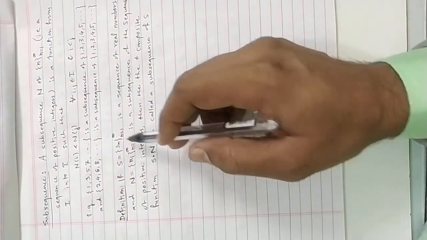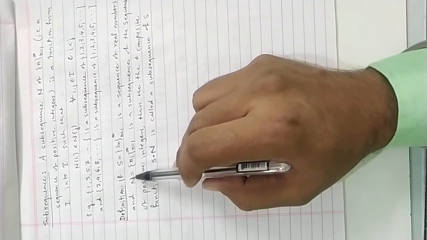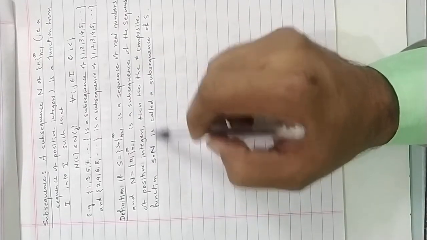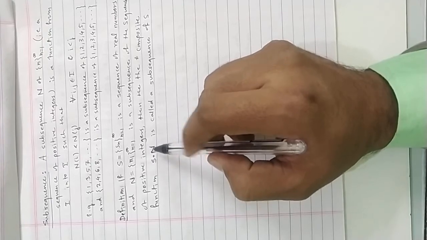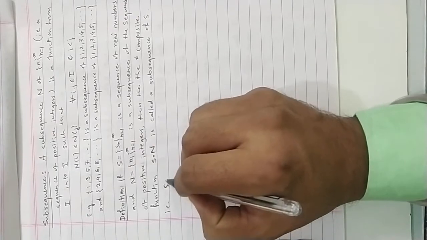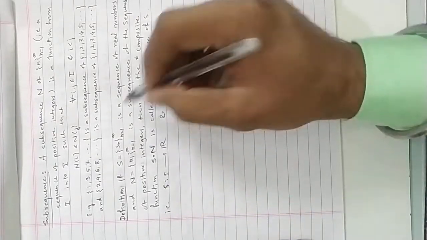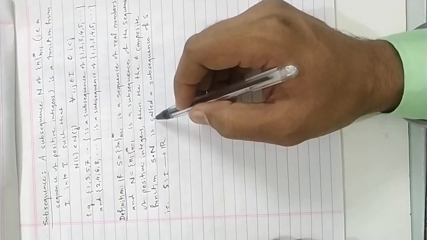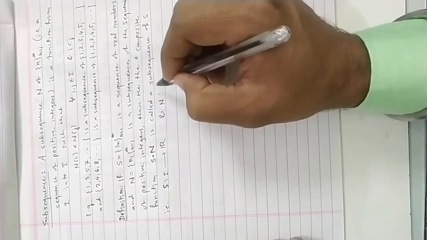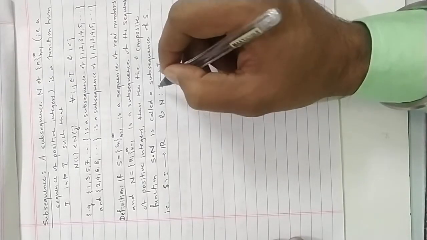Try to understand. Suppose S is a sequence of real numbers and we choose n as a sequence of positive integers, and then the composite function S composite n. We know that if S is a sequence, it is a function from the set of positive integers to the set of real numbers. And as we have seen, the subsequence of positive integers, suppose n, is a function from I to I, right?